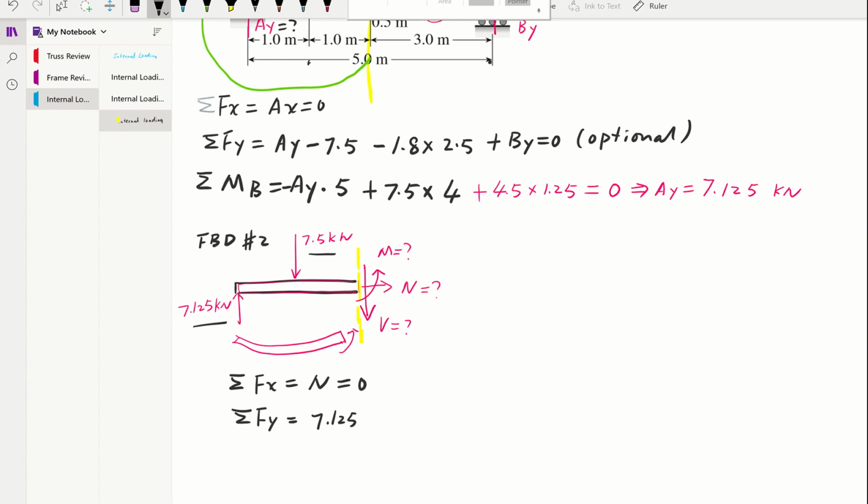Then we'll also have this going downward, negative 7.5. Then we'll also have the shear force. It's happened to be going downward for this one. That equals 0. So that will give us our shear force equal to, so let's see, it's going to be negative 0.375 kilonewton.